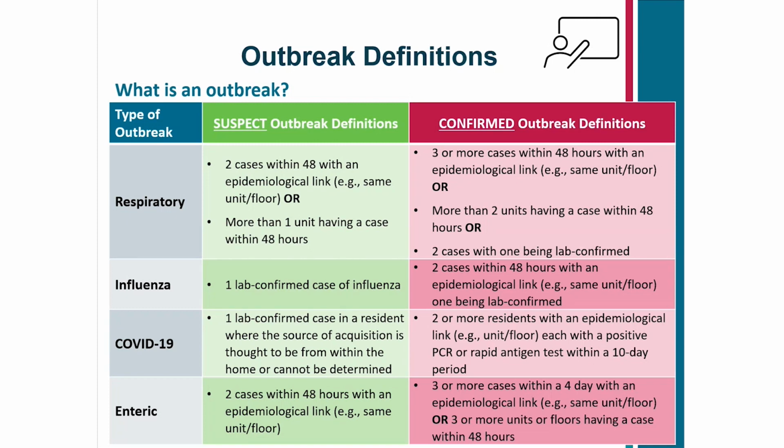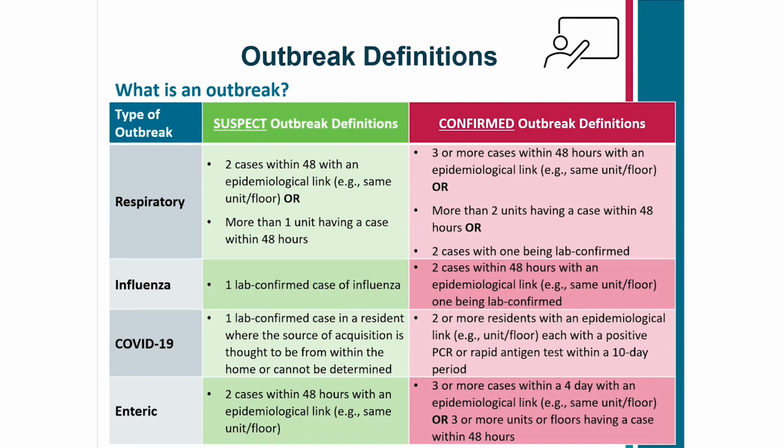The respiratory and influenza definitions are the same, haven't changed, have been the same for many years. And generally, a suspect outbreak would include if you have more than one resident with potential new respiratory symptoms, again within a certain time frame on a specific unit, you've got the 2 cases.